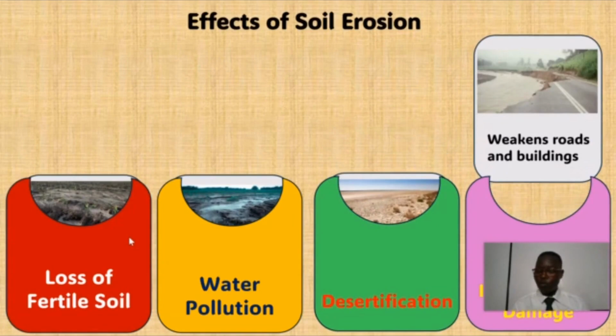The last effect of soil erosion that we can talk about is damage or destruction of infrastructure. Which infrastructures are we talking about? We are talking about roads.